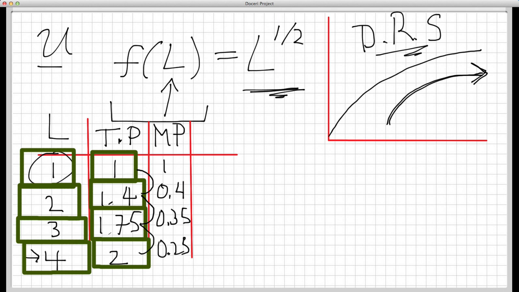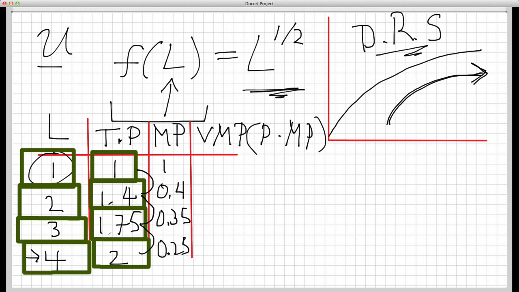So now, with the firm knowing how much L it puts in, how much output it gets out, how does it decide how much L to put in? In other words, how many people to hire? Well, that depends on value marginal product. Okay, what is value marginal product? It's going to be just price times marginal product.